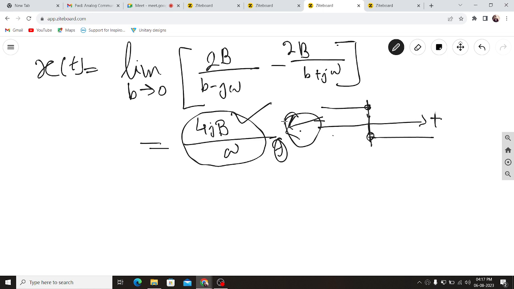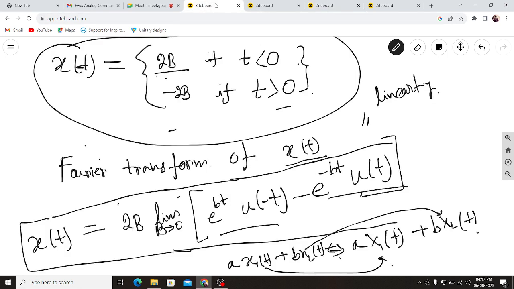Okay, tell me. Sir, this signum function, can we directly multiply it with the function, considering this as minus signum function? Can we do like that for this Fourier transformation?